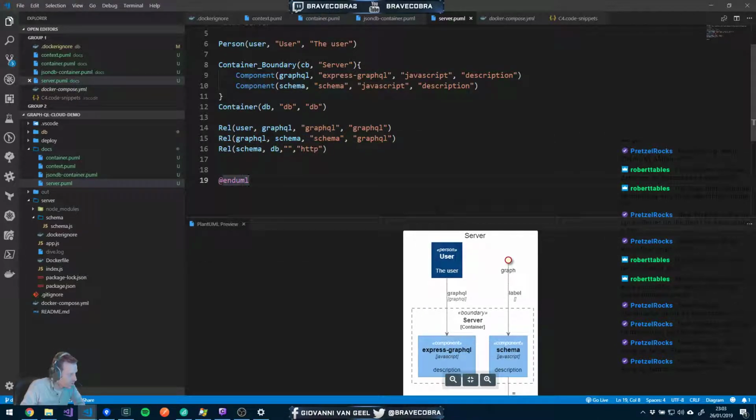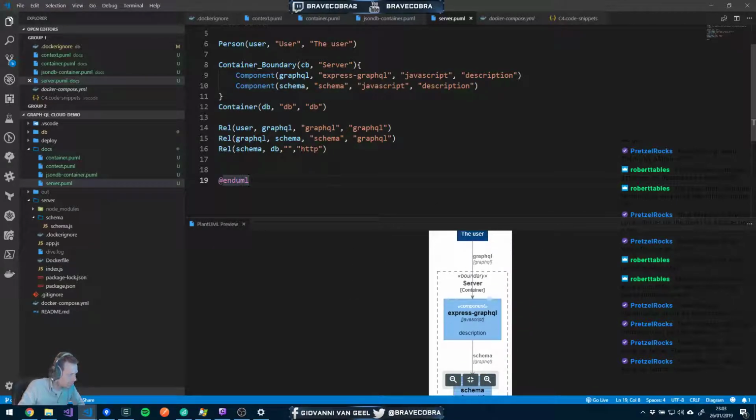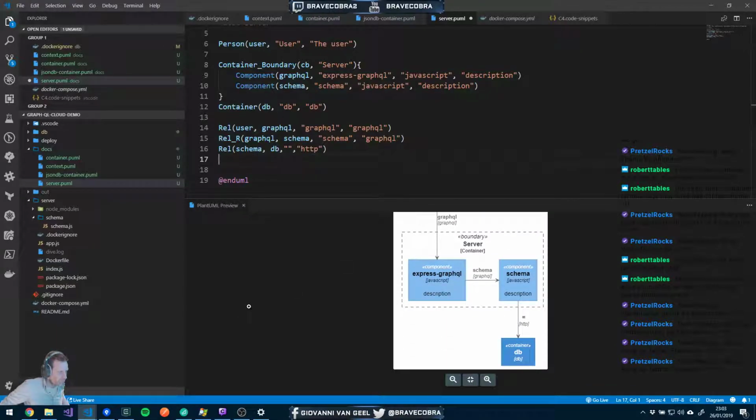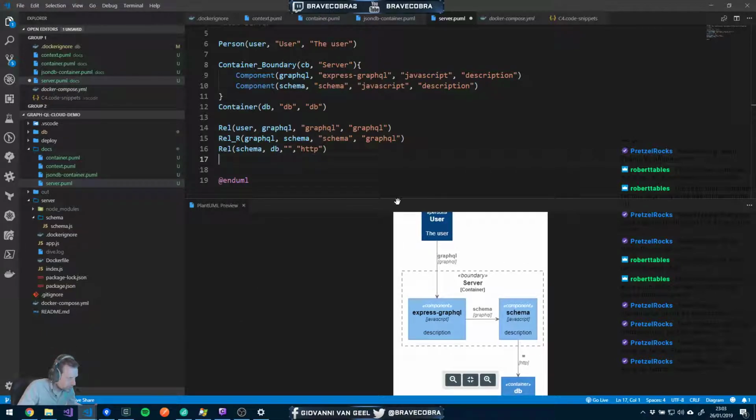Okay, what does that give us at the moment? Right, so let's move that one to the right. Yeah, it kind of looks like what it needs to be, right?